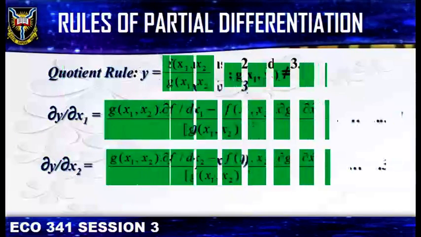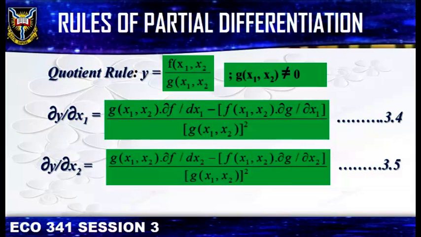2. Quotient rule. y is equal to f(x1, x2) over g(x1, x2), where g(x1, x2) is not equal to 0.